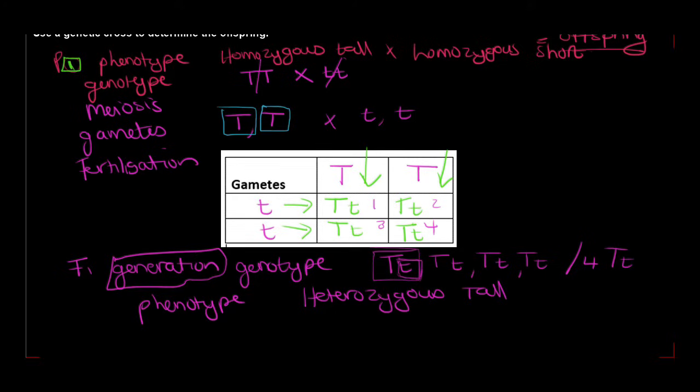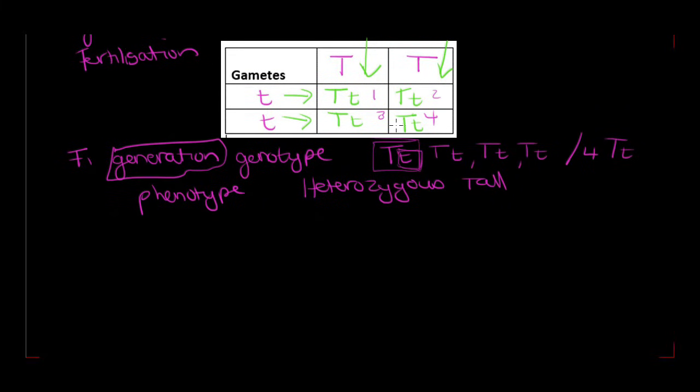And then sometimes they can ask you to put it in ratios. So in a ratio here it won't really work, but in this case you can write it as a percentage, and you can say 100% tall. And if you want, heterozygous tall. So there is the first genetic cross, the first monohybrid cross, and it's really straightforward.